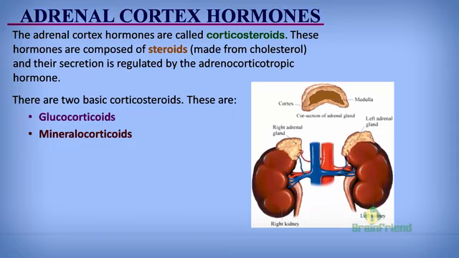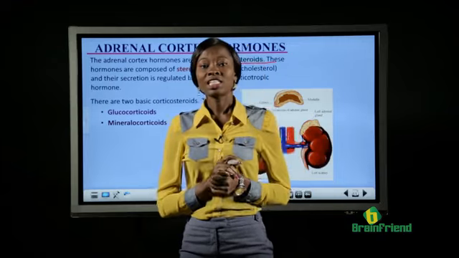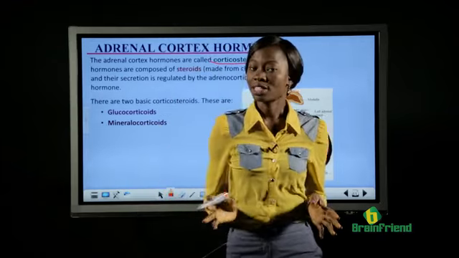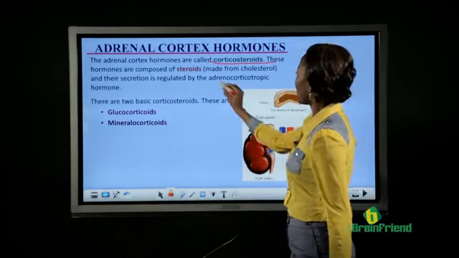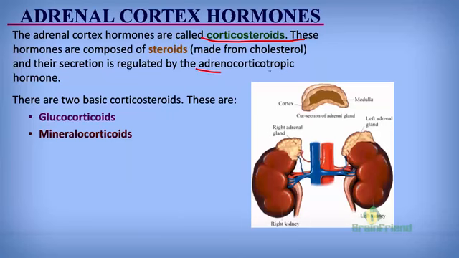What does the adrenal cortex hormone do in the body? The adrenal cortex hormones are generally called corticosteroids. They are steroids because they are made from cholesterol. The secretion of corticosteroids, that's hormones of the adrenal cortex, is regulated by adrenocorticotropic hormone. Remember this hormone?